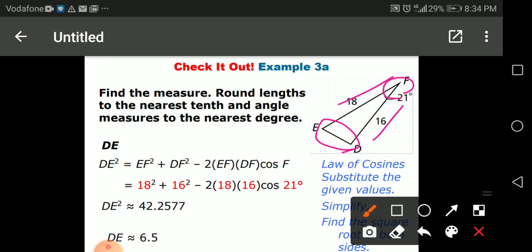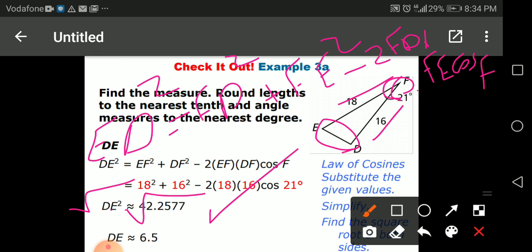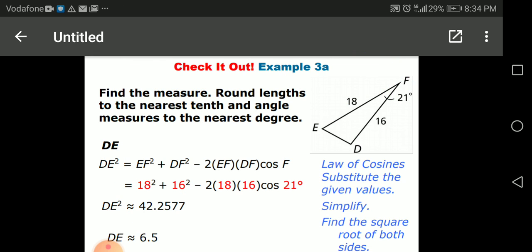So DE² equals FD² plus FE² minus 2 times FD times FE times cosine F, the included angle. Then substitute in the rule, get DE², then take the square root of both sides. DE will give you 6.5. Very easy one, right?